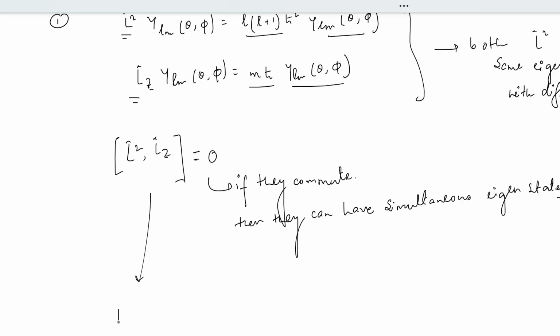So you can also show that if it acts on, let's say, YLM theta phi, this commutator bracket operating on this state, then you have L square LZ.